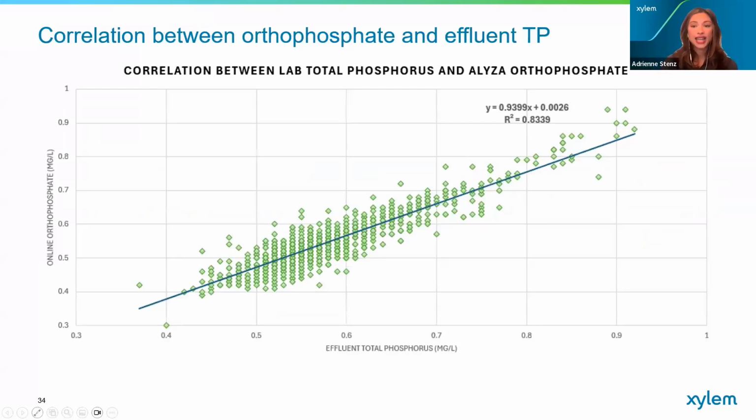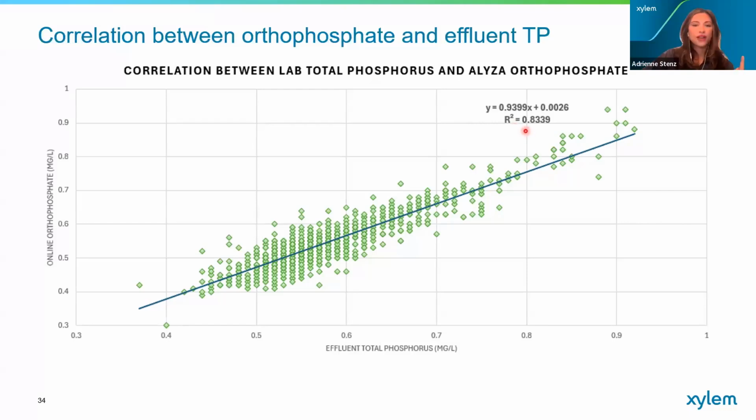So this graph shows a linear regression of the Alyza PO4 readings versus daily effluent total phosphorus lab samples, with the data we just looked at from 2020 through 2025. A linear regression is a typical way to determine how well of a relationship 2 parameters have to each other. And the resulting R-squared value indicates that.